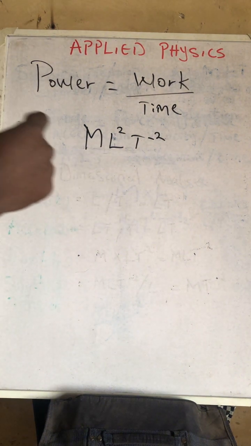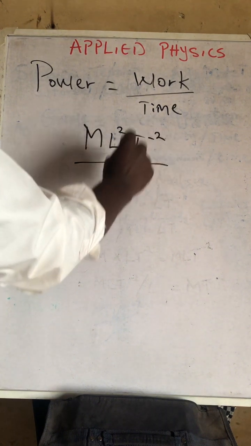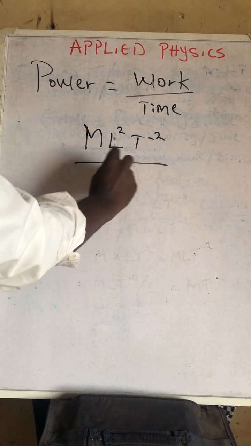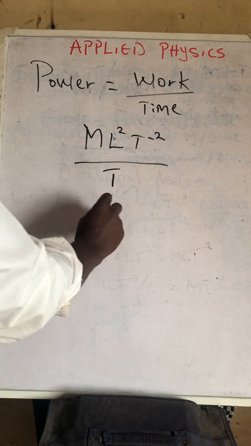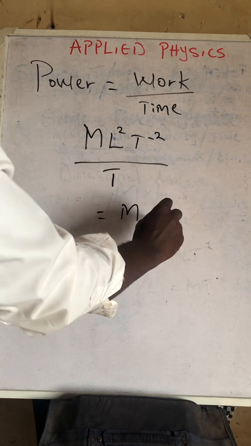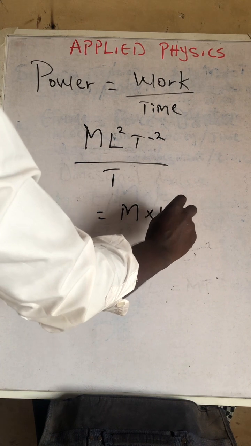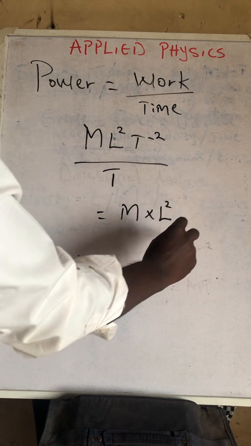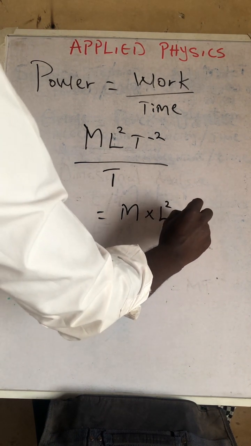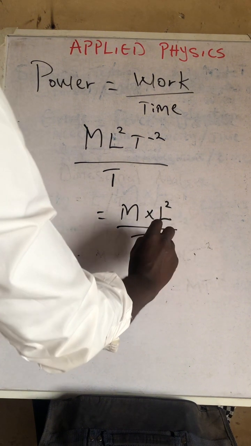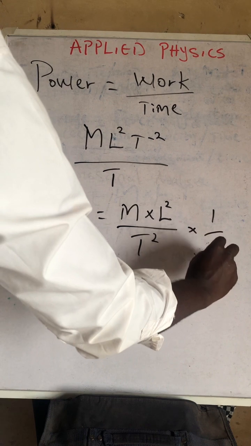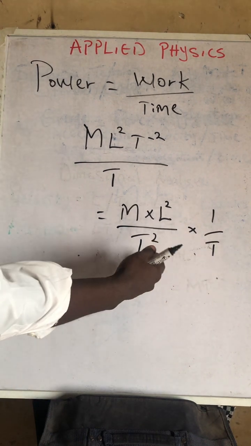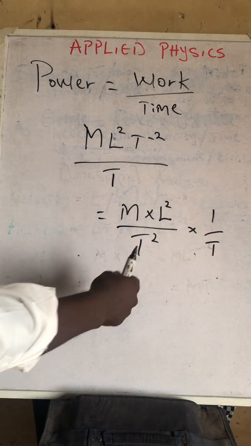That is work over time. Time here is represented as T. So this also means M times L raised to the power 2 all over T raised to the power 2 times 1 over T. Now you can see we have T appearing 3 times.